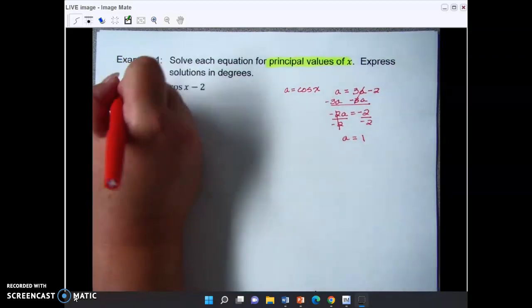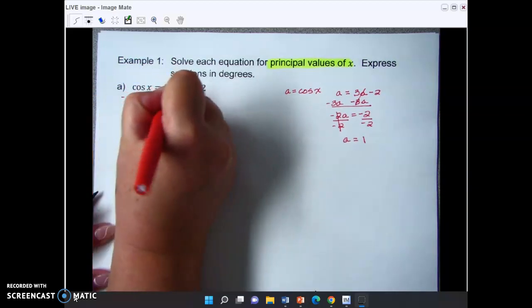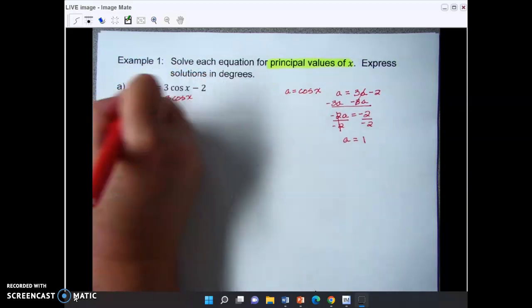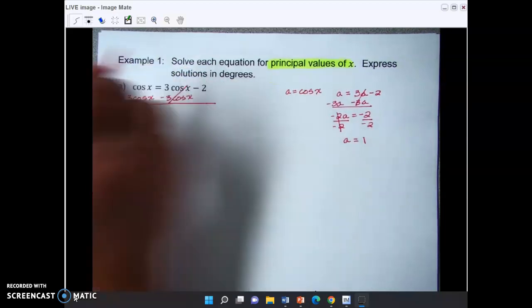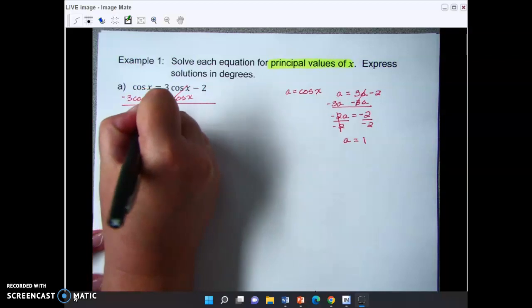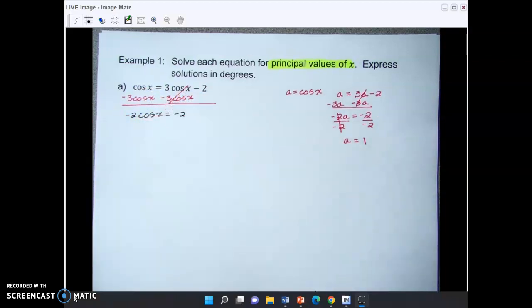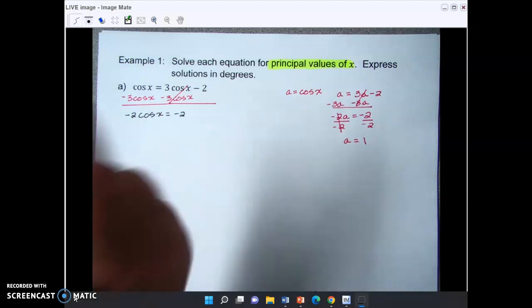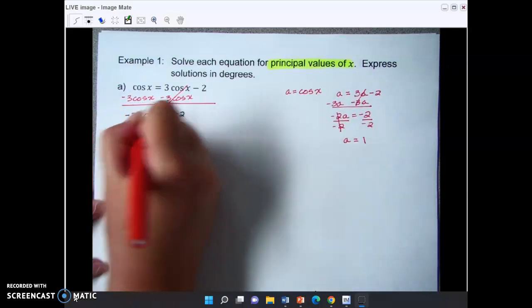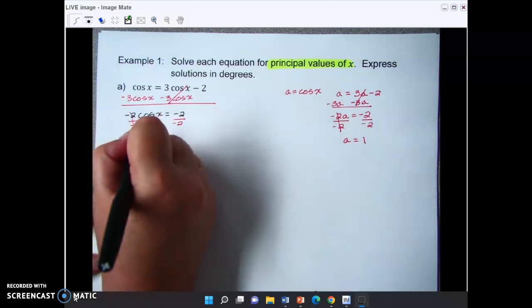So we're going to subtract 3 cosine of x from both sides, just like we subtracted the 3a from both sides, just to try to get this cosine of x all by itself. So that gives me -2 cosine of x is equal to -2. And then I can divide both sides by -2. And we get cosine of x is equal to 1.